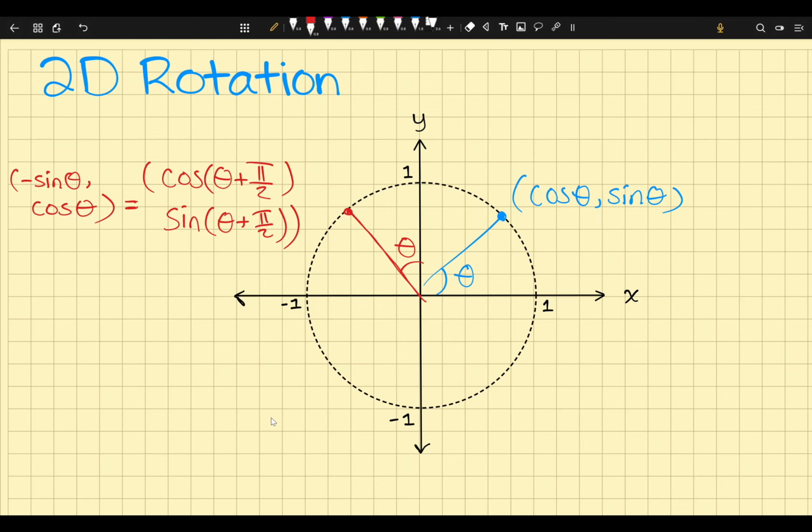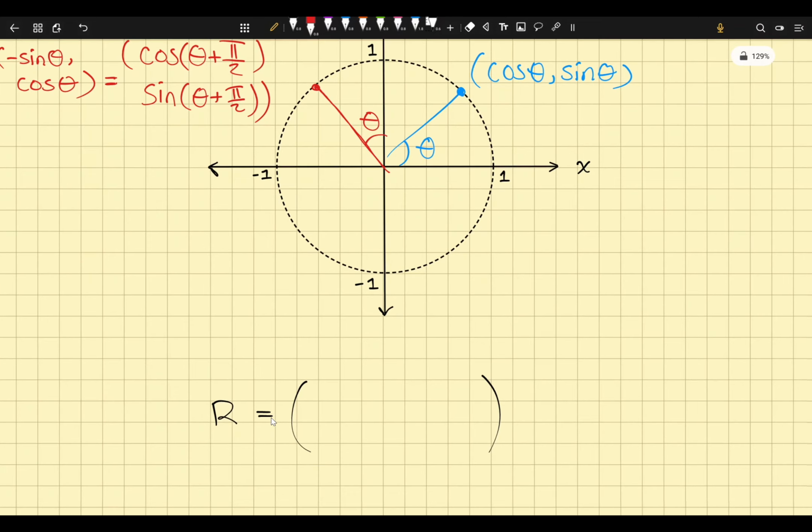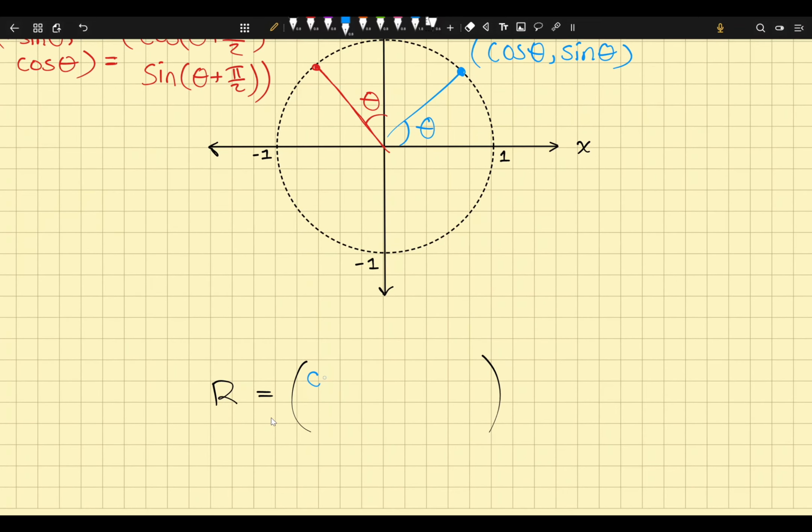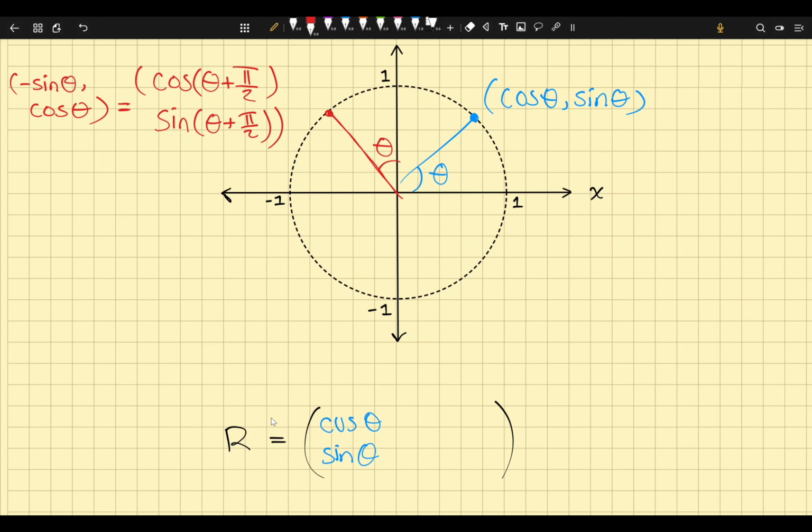So then our 2D rotation matrix became, well, for the x-axis, we moved it to cosine theta, sine theta. And for the y-axis, we moved it to negative sine theta, cosine theta. Let me know if you have a question about this.